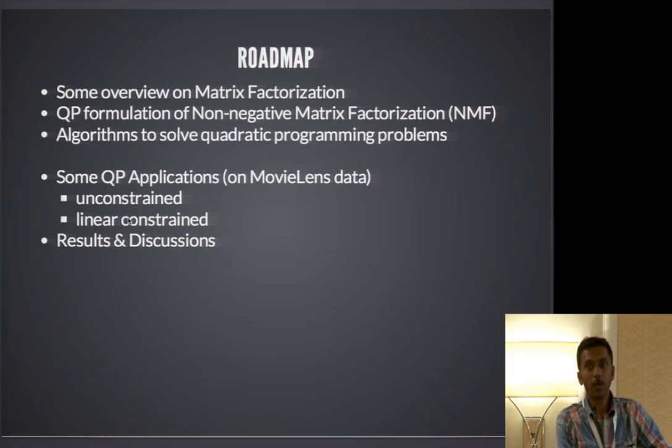Followed by that, we'll go through a few use cases and demonstrate the different constraints. Particularly, the interesting ones are the linear constraints, where we'll show sparsity bounds and equality constraints. We'll end the talk with some results and discussion, and at the end, we'll go with the QA.